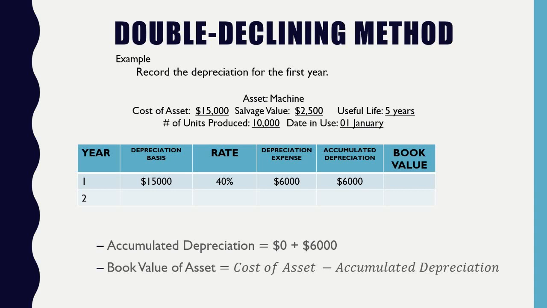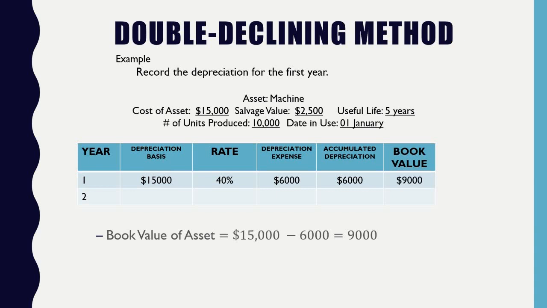9,000. It is 9,000. And notice this, we have a new book value. And what does the depreciation basis equal? How do you solve for the depreciation basis?